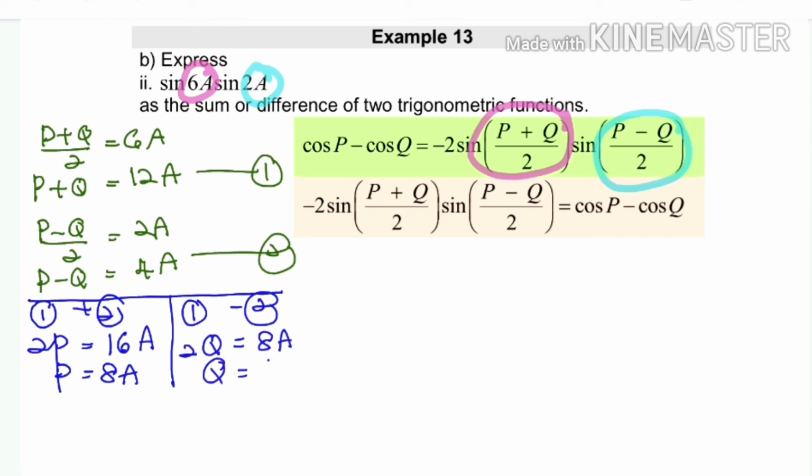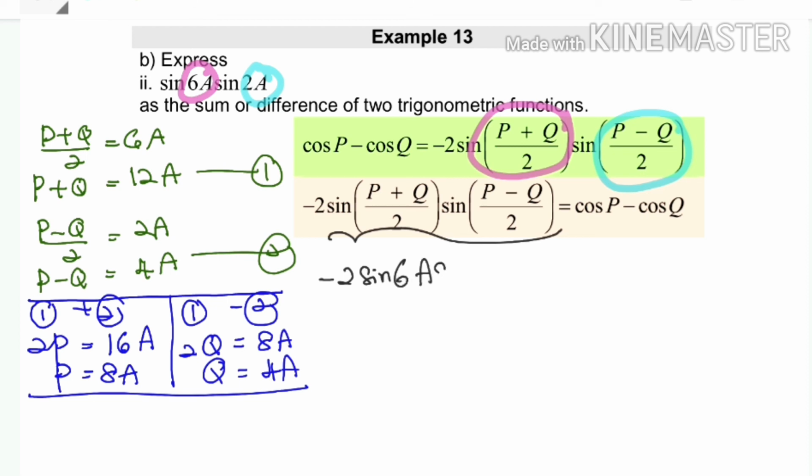Therefore, Q equals 4a. Let's substitute into the formula: negative 2 sin (P plus Q)/2, which is 6a, times sin (P minus Q)/2, which is 2a, equals cos P, 8a, minus cos Q, 4a.